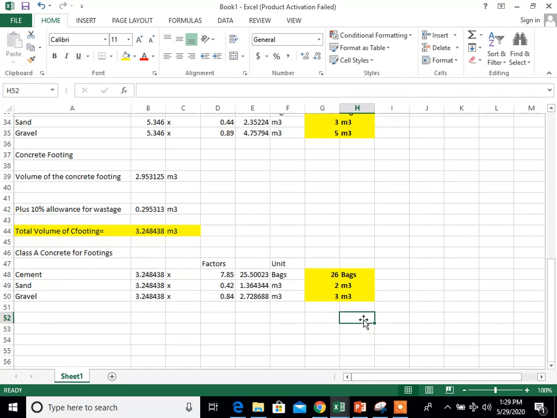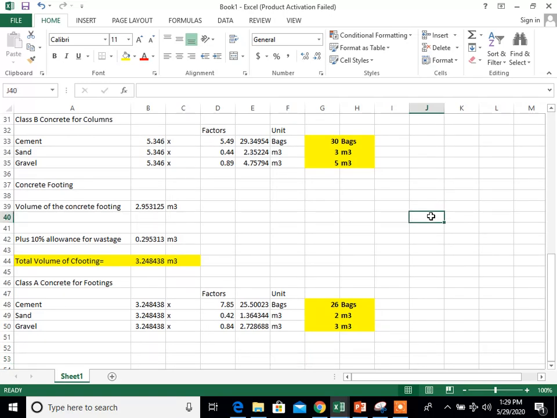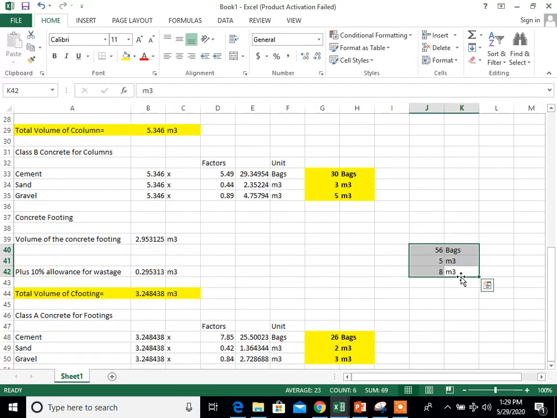So all in all, the required total number of bags of cement is 30 plus 26, which is 56 bags. For the sand, 3 plus 2 is 5 cubic meters, and for the gravel, 5 plus 3 is 8 cubic meters, for the concrete column and the concrete footing.